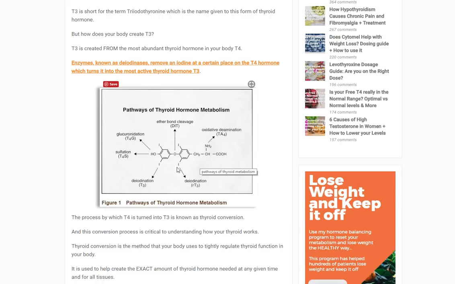And this is very important, because there are certain things that can happen in the body which make your body more likely to either turn on thyroid hormone by removing this iodine, or turn off thyroid hormone by removing this iodine. And they're really close together, right? They're very close, and they don't look like they'd make that much of a difference, but they actually do. I wanted to put this into your brain because it's a really easy way to visualize what is actually happening to the thyroid hormone.